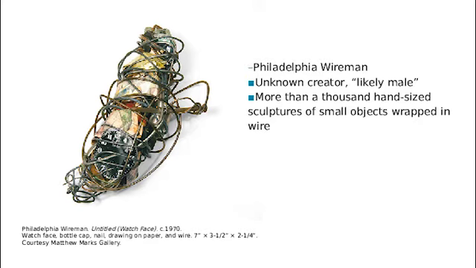Is it because wire is considered an aggressive or masculine medium to use? Because I think this could likely be a woman as well, but we just don't know because the creator is anonymous. But yeah, this is an outsider artist that has really captured the curiosity of the art community by making so many of these and not taking credit for them.